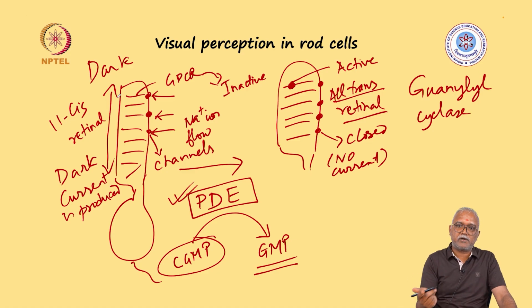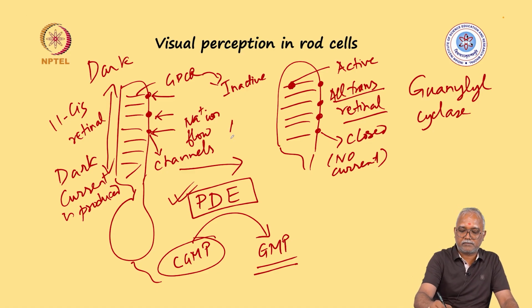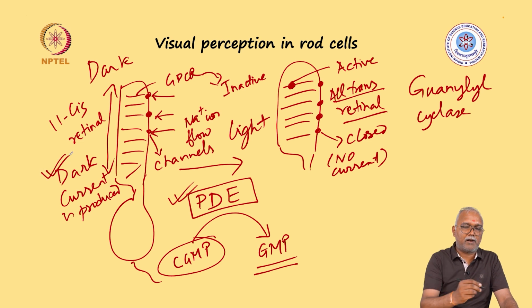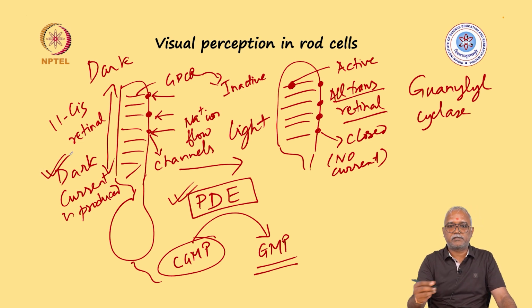And this interconversion, because of the light shining and changing the retinal conformation and activating the receptor, is what helps visualize things in the dark. Versus when you come out from a dark room, suddenly bright light happens, you cannot see anything because this conversion is going on.